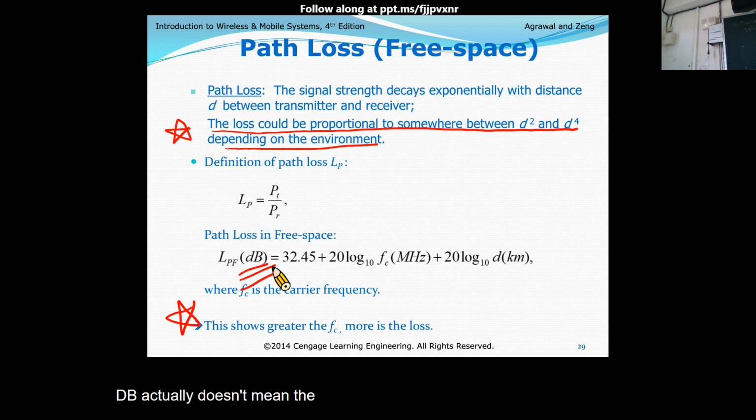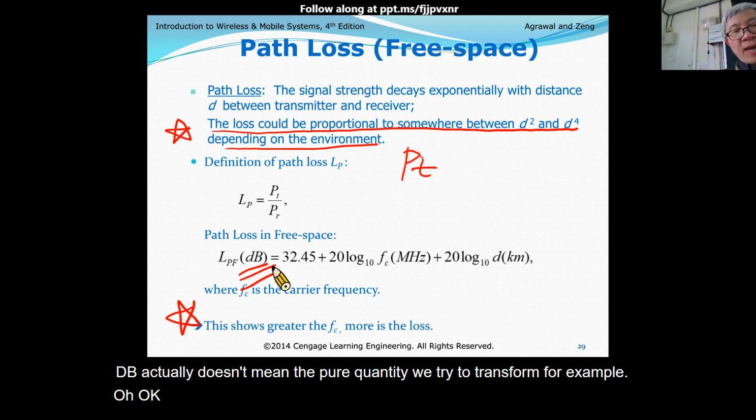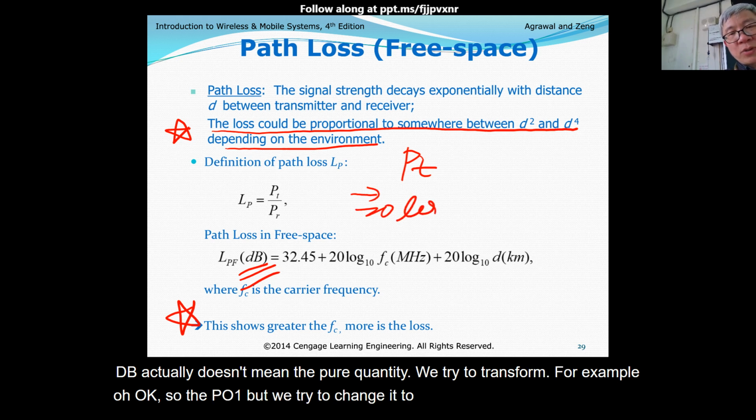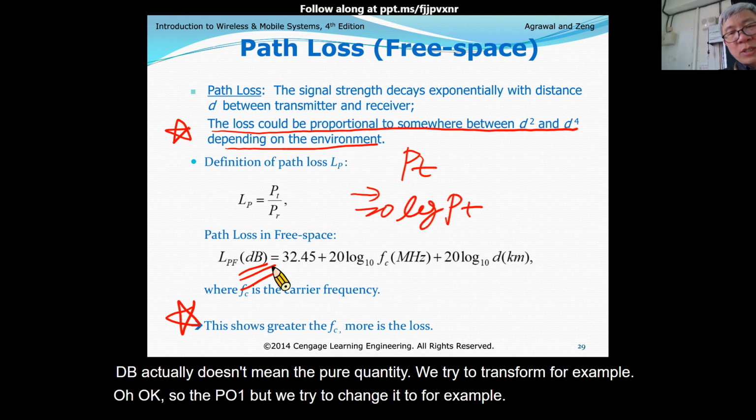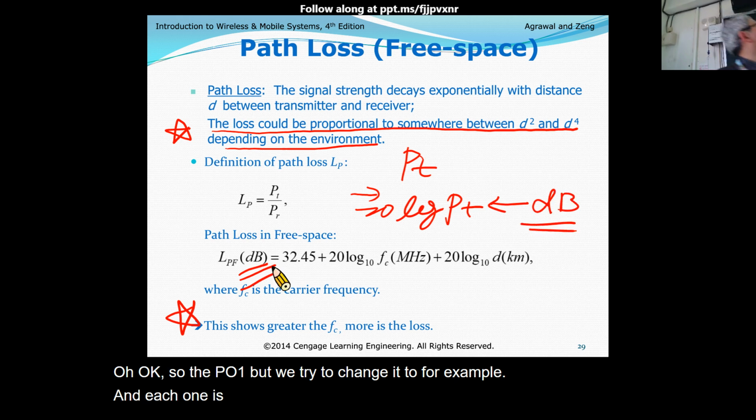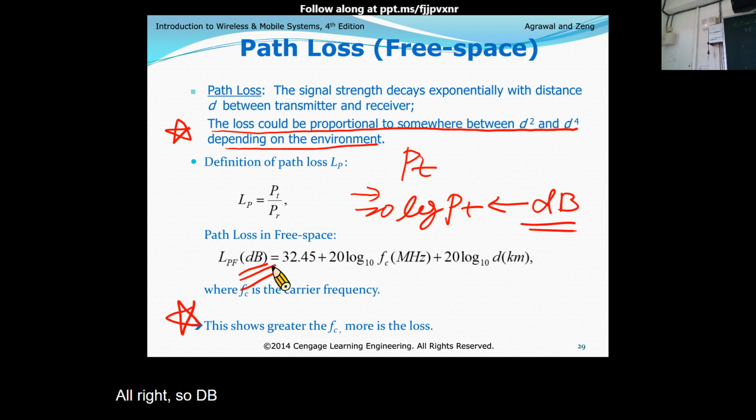We try to transform the pure one to this one, which is called dB. dB will have a logarithm, base 10, and we multiply by 20.